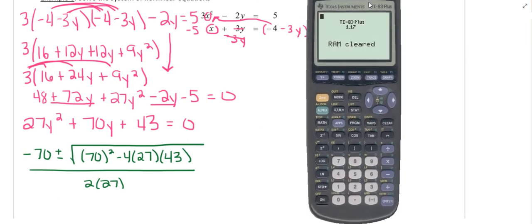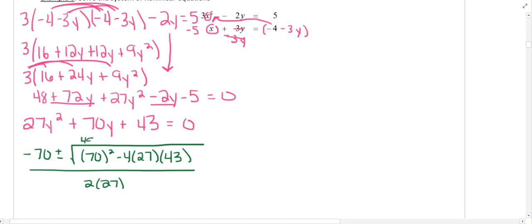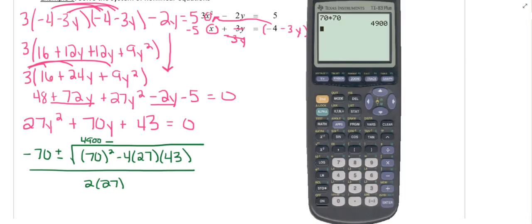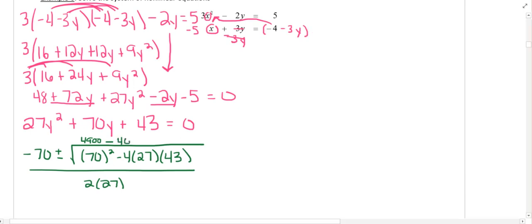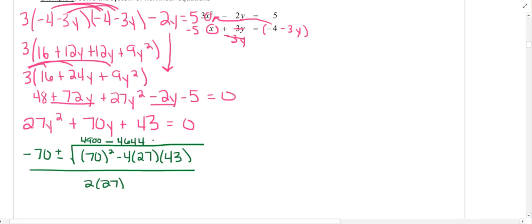So we've got 70 squared is 4,900 minus, let's see, 4 times 27 times 43 is 4,644. And that is going to give us 256. And then 2 times 27 is going to give us 54.